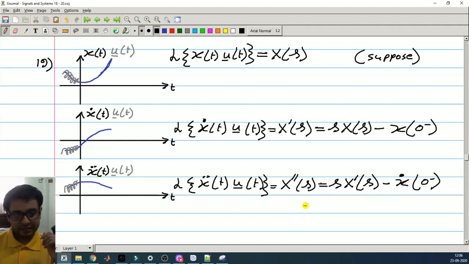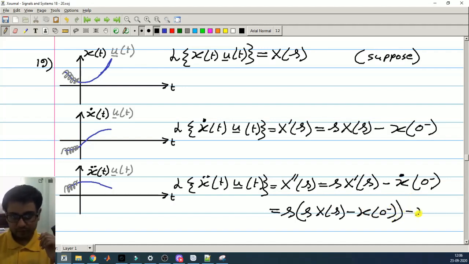And then this is equal to s. In place of X prime s, I will put this value s X s minus x 0 minus, and then this minus x dot 0 minus.